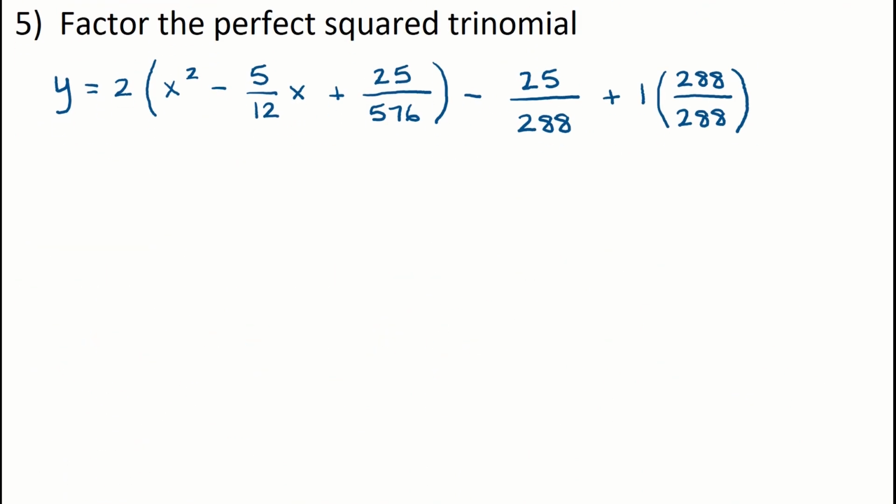When I factor the perfect square trinomial, I'm going to turn the brackets into x minus 5 over 24 squared.